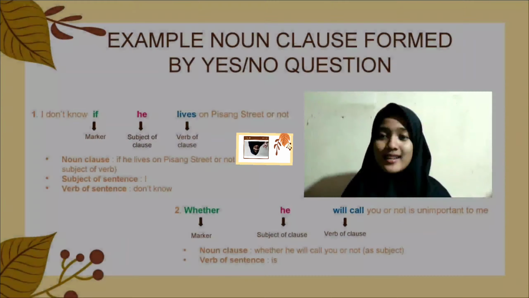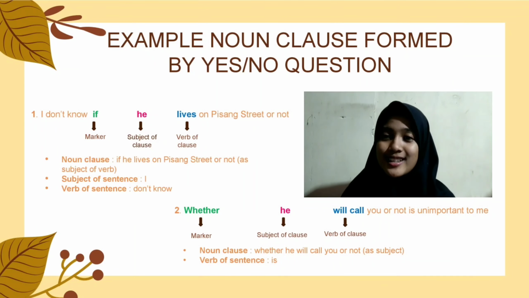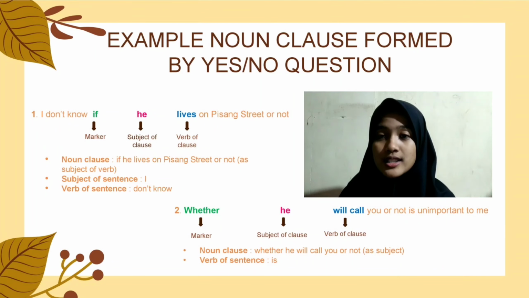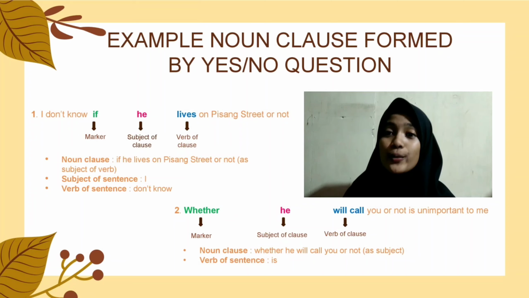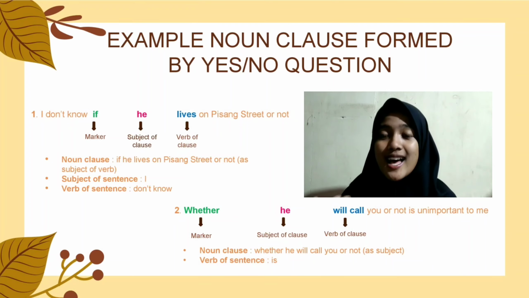Okay, let's get started. The first example is a noun clause formed by a yes or no question. Number 1. I don't know if he lives on Pisang Street or not. "If he lives on Pisang Street or not" is a noun clause, and the function is object of verb of sentence.